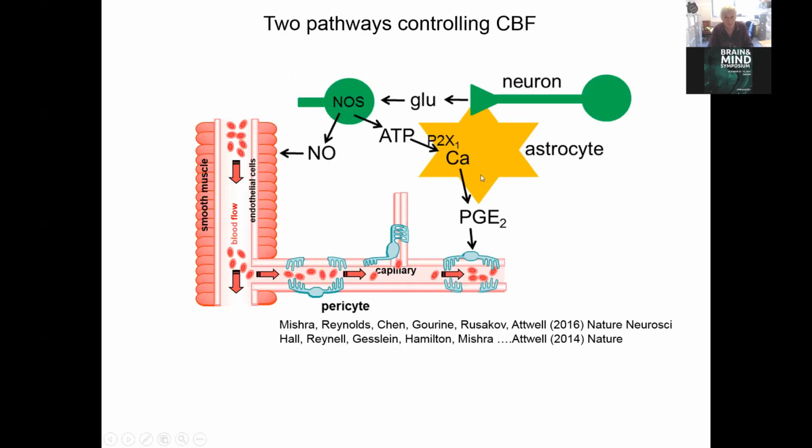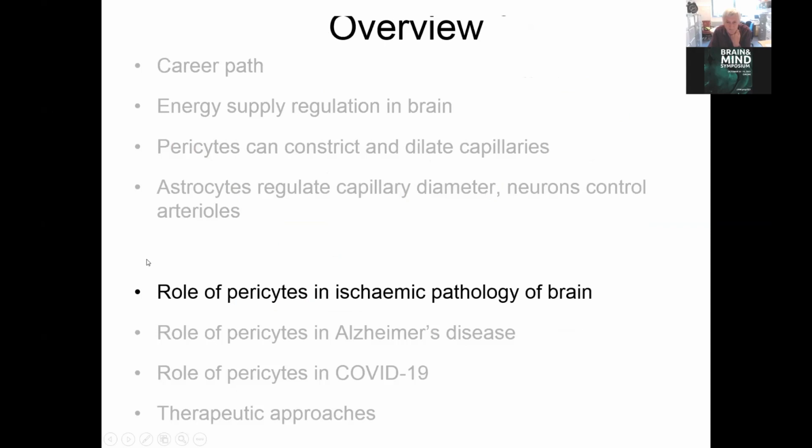Remember, NMDA receptors were not involved in this pathway, and neither was nitric oxide synthase, but there's a more classic pathway by which nitric oxide synthase is activated, releasing nitric oxide, and that leads to a dilation of arterioles. So there are these two pathways for physiological control of blood flow.